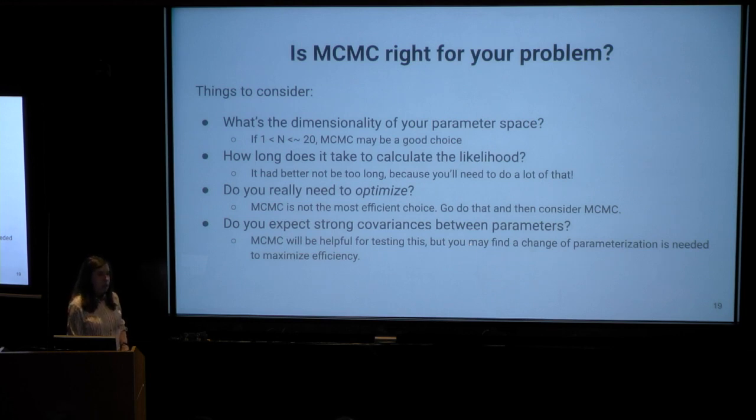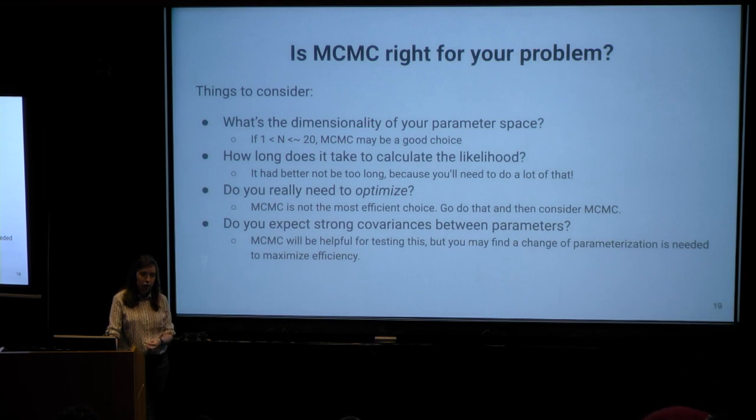Relatedly, MCMC might not be a practically good thing to do if your problem takes a long time to calculate the likelihood. Every time we tried a new proposed set of parameters, we had to calculate the likelihood or the posterior at the new parameter and at the old parameter, and take the ratio of the two.